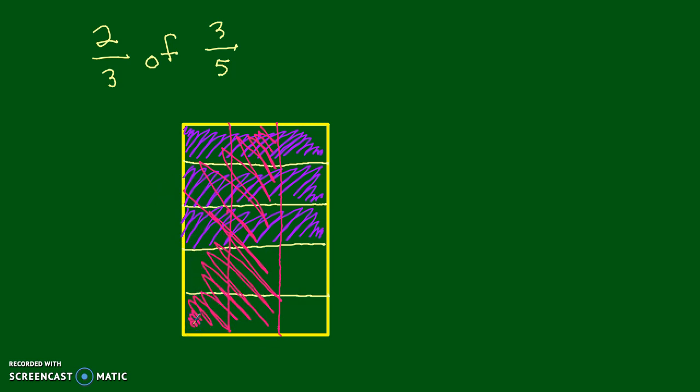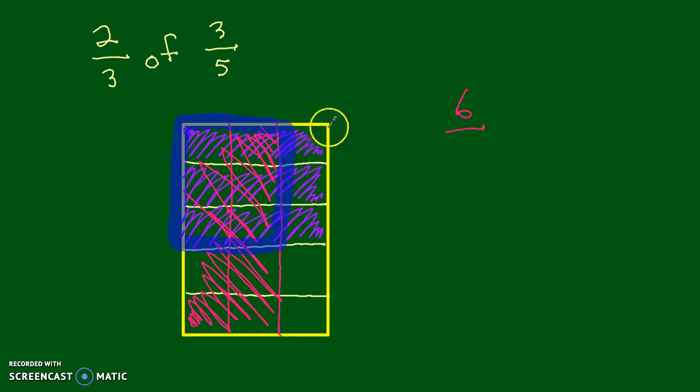So I've shaded in 2/3 of the whole rectangle, and I now want to find out what 2/3 of the 3/5 is. So again, I'm going to trace around the portion that has both colors in it, because this portion is showing me what 2/3 of the 3/5 represents. If I count all the pieces in that section, there are 6 pieces.